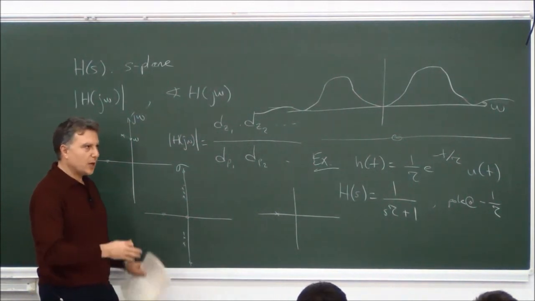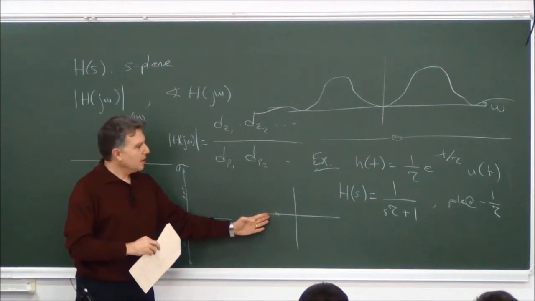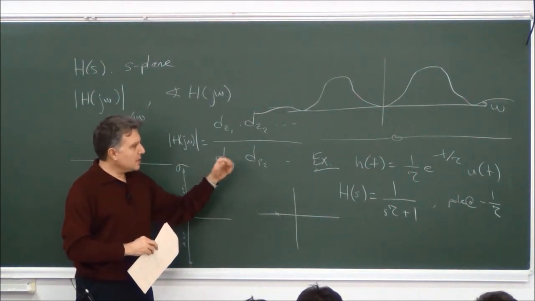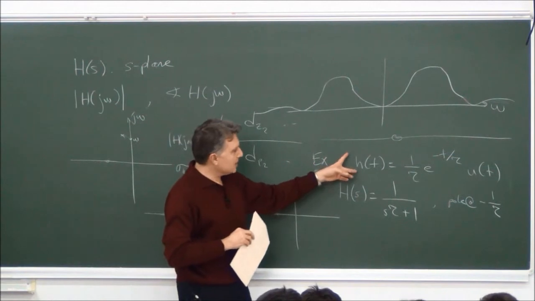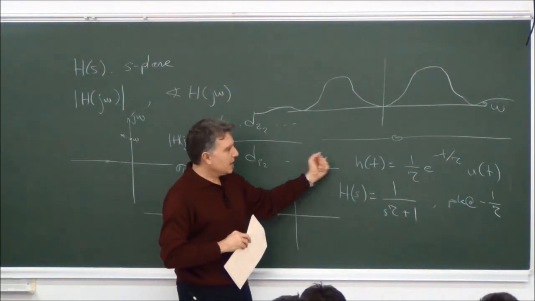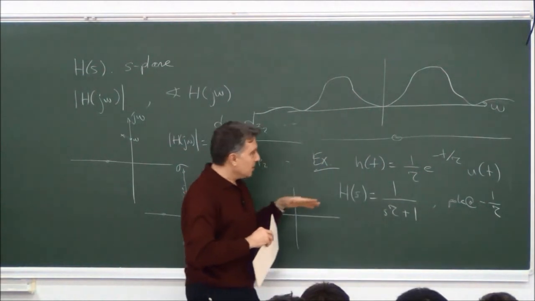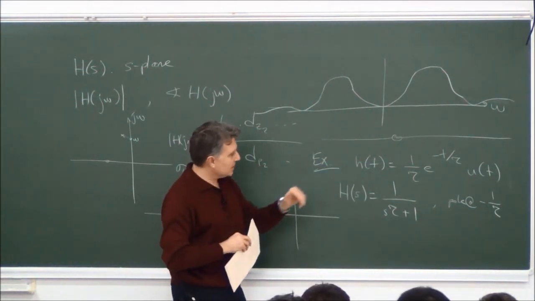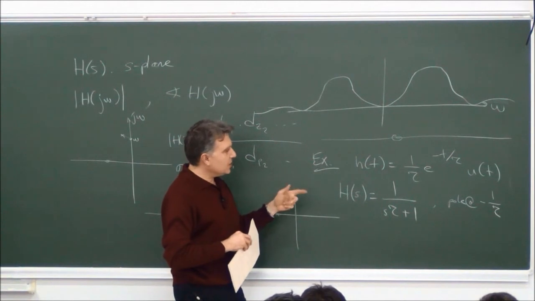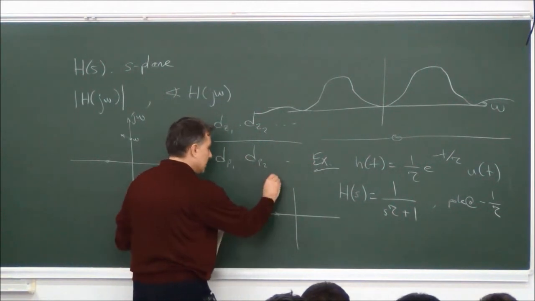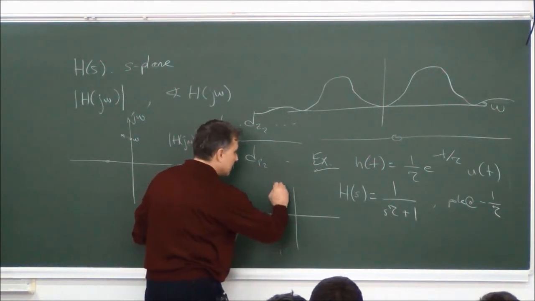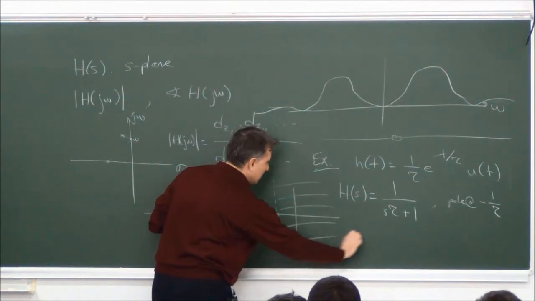So minus 1 over tau will be negative somewhere here. And as you see, it's a causal system, and it is right-hand sided because it is multiplied by u(t). So it extends to the right-hand side. And we know that the region of convergence for that will be to the right of the pole, like this.